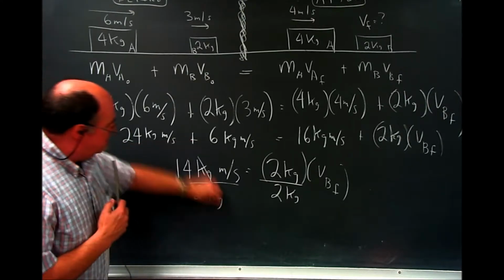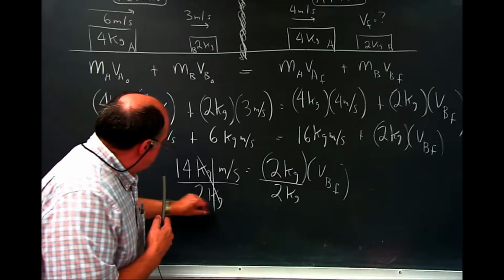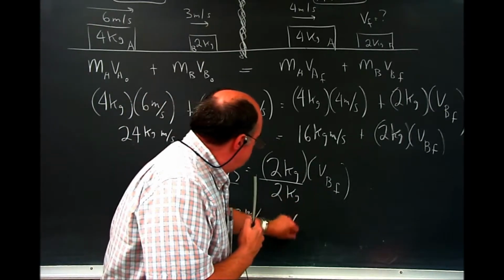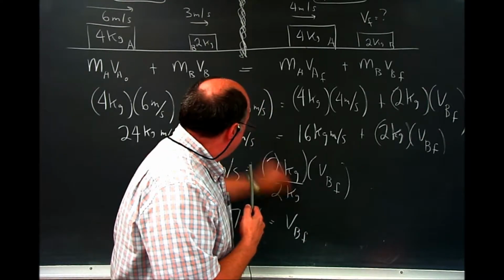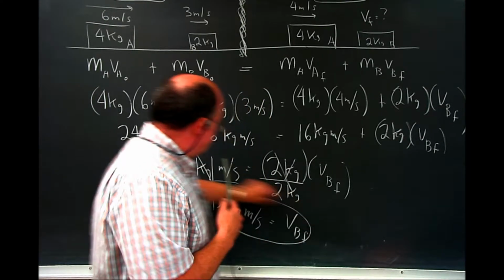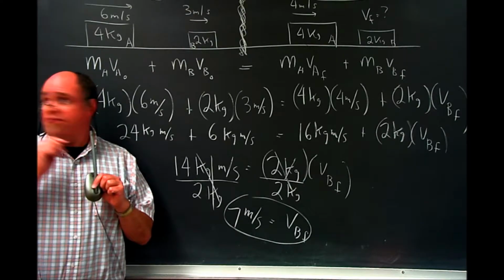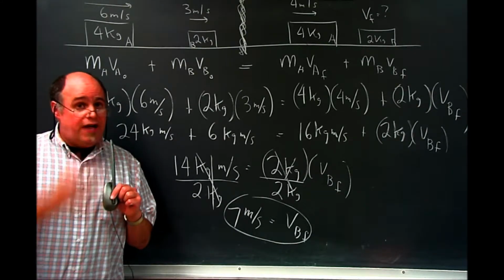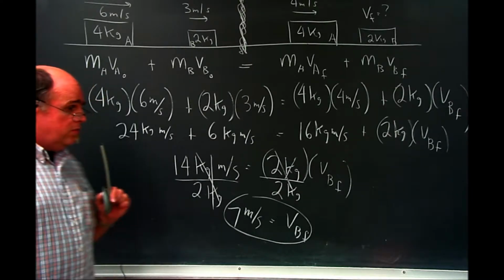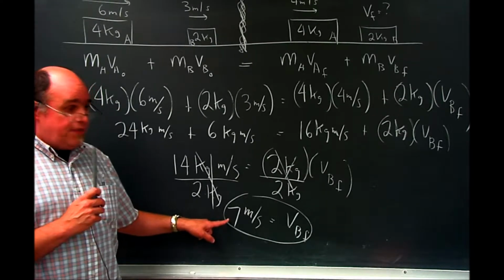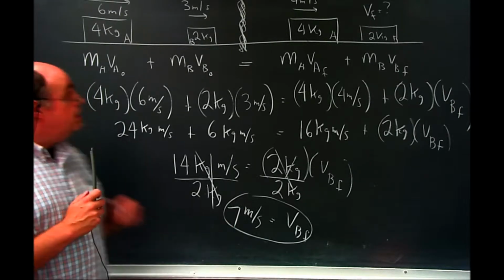So I'm left with 7 meters per second equals v_B final. Okay, so if the only question was how fast is B moving after the collision, we now know. If B is moving at 7 meters per second, it's implied that it's a positive sign, so it's moving to the right.